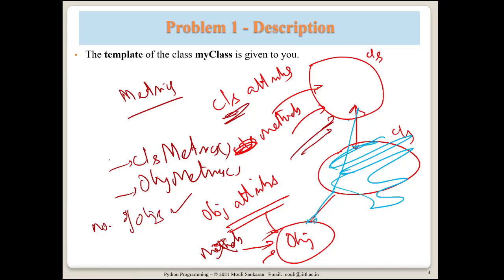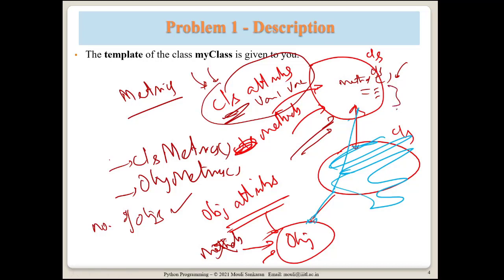Another metric: suppose I have attributes var1 and var2, I want to know how many times these variables are modified. I am going to have some method which modifies these class level variables, so if I invoke this method, I will be changing the variable. I want to measure how many times this method is called.